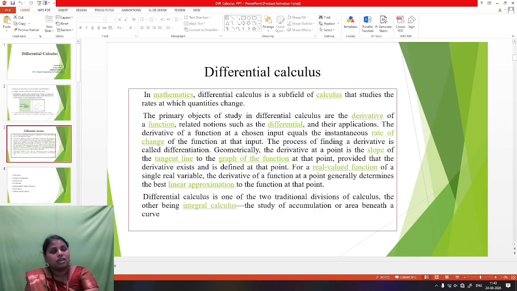For area, we apply the integral calculus format, integrate, and we get the result.